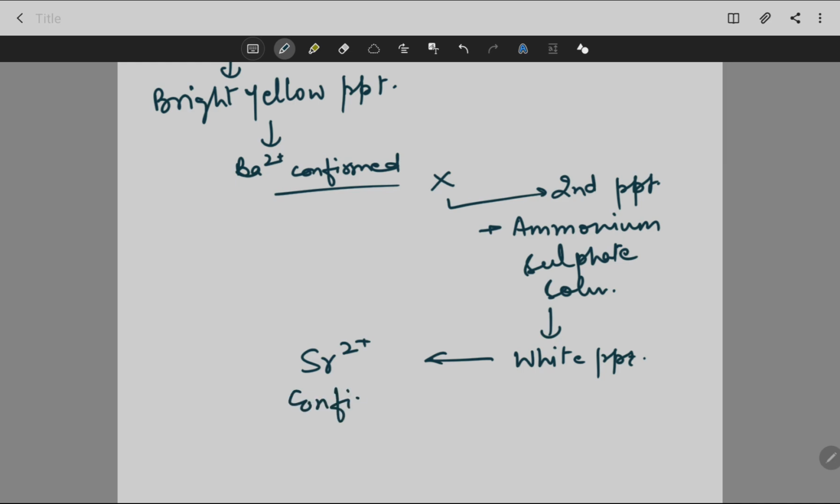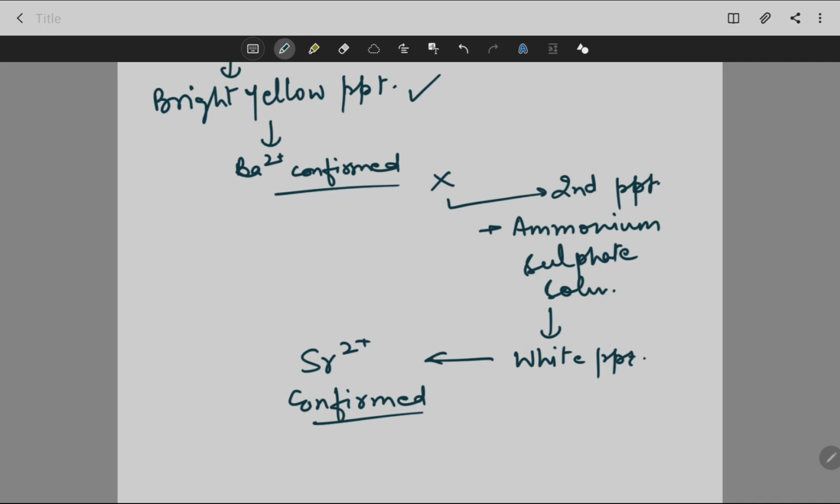But we should be very firm with this order. First make sure that barium is not there, then only do the test for strontium. If we get a bright yellow precipitate in the first test, we stop there itself. If not, we test for strontium by adding ammonium sulfate solution to the second part, and a white precipitate confirms strontium.